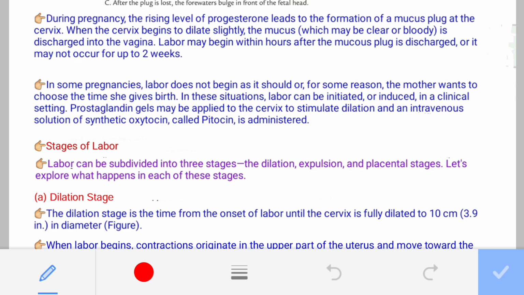Or sometimes the mother chooses the time to give birth to the baby.